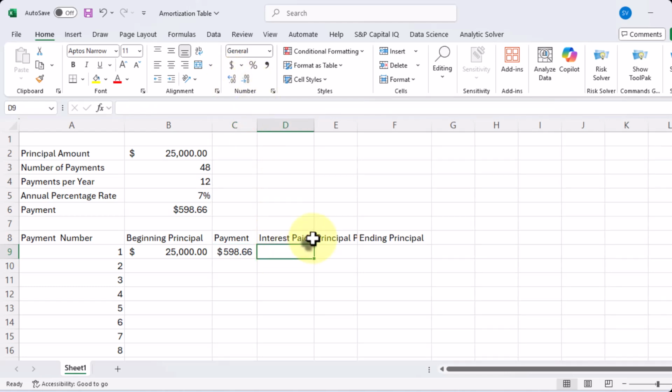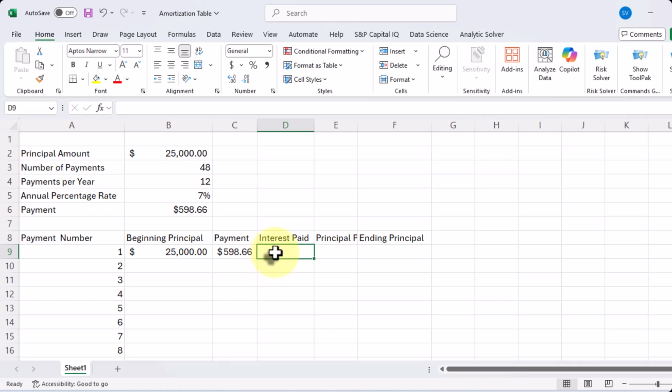The interest paid. So for the interest paid, we want to calculate the interest that accrues on the beginning principal for the month, for that entire month. Because remember, these payments are made at the end of the period. So for this first monthly payment, we're going to have $25,000, and it's going to accrue interest for 1 month. And then this payment's going to be applied against that principal.